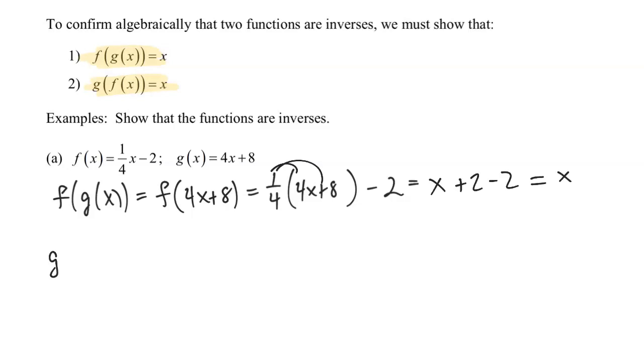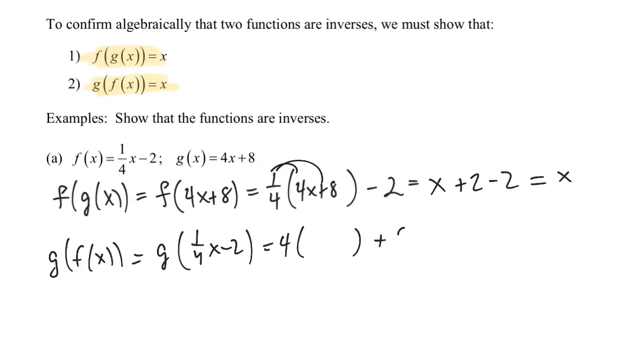Now, secondly, we want to show that g of f of x is also equal to x. And so this is going to be g of 1/4 x minus 2, which means that I'm going to take 1/4 x minus 2 and plug it in to my function for g of x, which says 4x plus 8. And so instead of x, I'm going to plug in 1/4 x minus 2, and then go ahead and show the algebra that it reduces down to x.